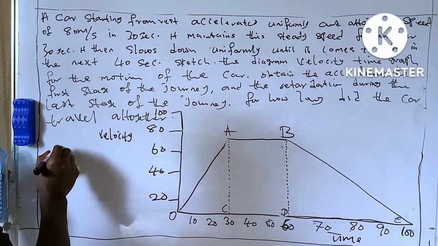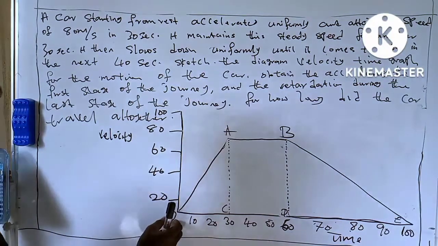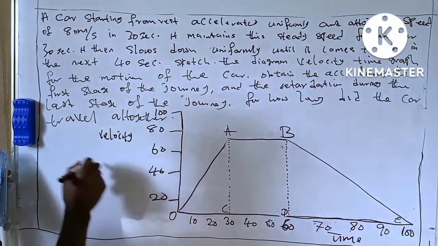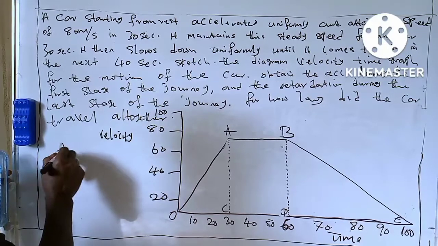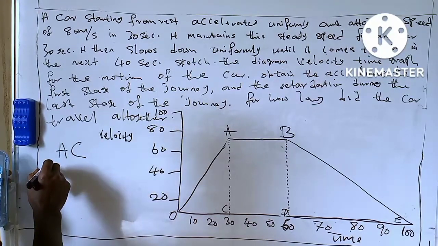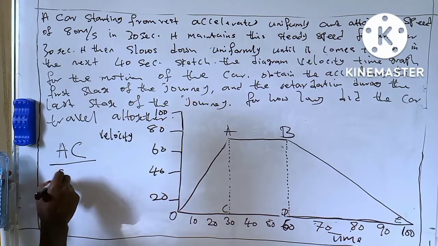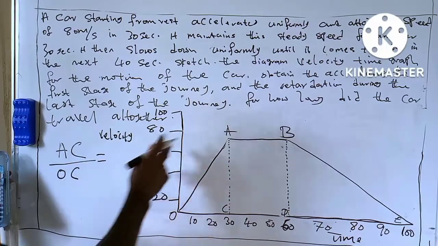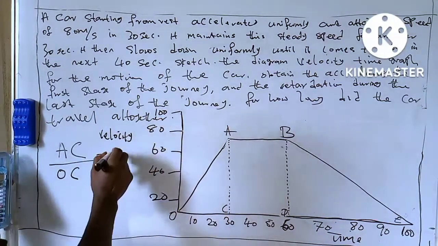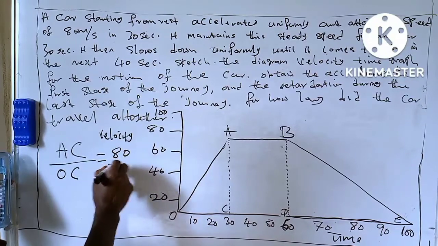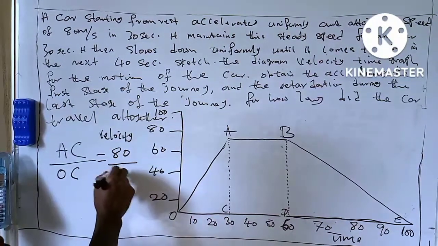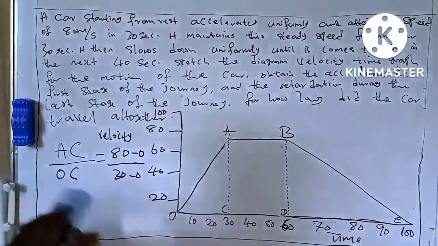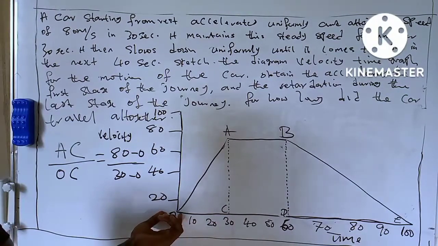So the gradient of OA is the what? Acceleration. So here we have AC over OC, equal to AC, this is the 80, over OC, which is 30 minus 0. This 0 here is the starting point, so here is always 0.